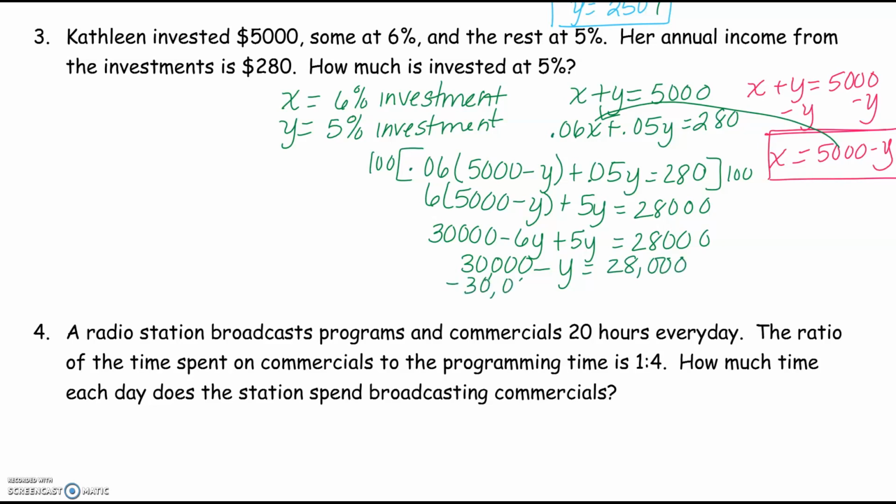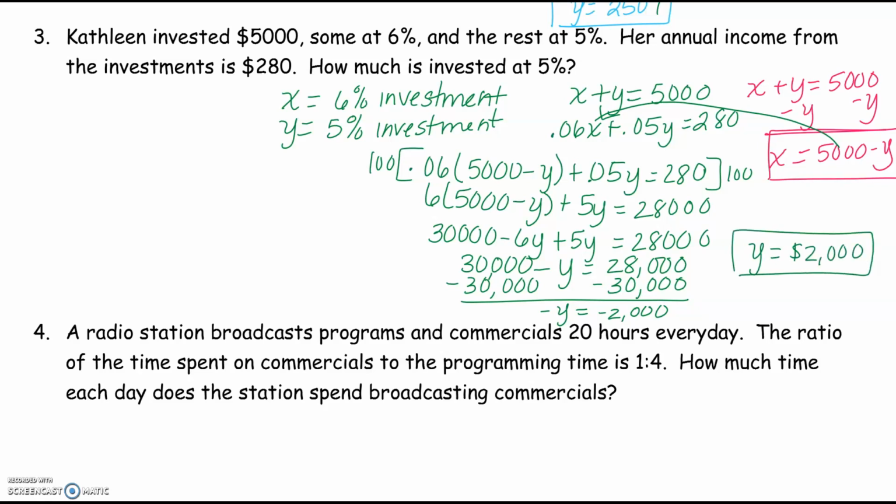Subtract your 30,000. There never seems to be quite enough room when I do this. Negative y equals negative 2,000, which means y will equal $2,000. So we know that she had $2,000 in 5% investments, and that's what the question asks.